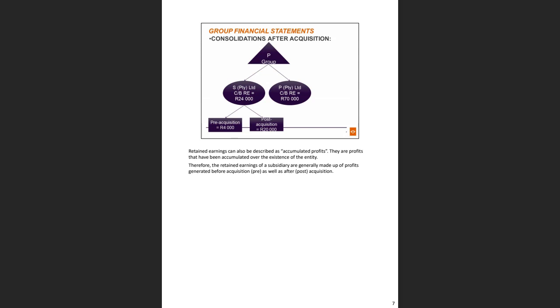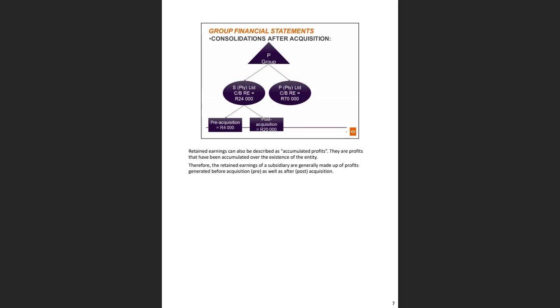So just as an example to show you here, if the closing balance is 24,000 Rand, this can be analyzed, for example, into 4,000 Rand. If the question told us that 4,000 Rand was earned before it was acquired, this is going to be known as the pre-acquisition profits. And then if the question told us after S was acquired, it had 20,000 Rand of profits, this is known as the post-acquisition profits here.